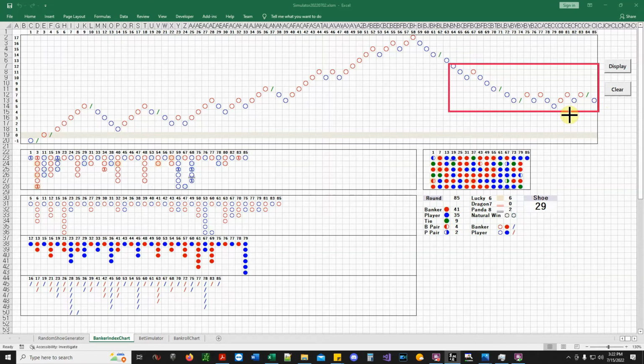I remember it like yesterday, back in the 90s when I was betting a martingale. After so many plays, I was looking for a player, and a banker run caught me and tore me a new one.